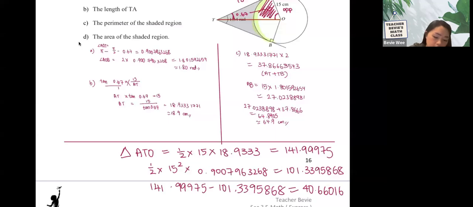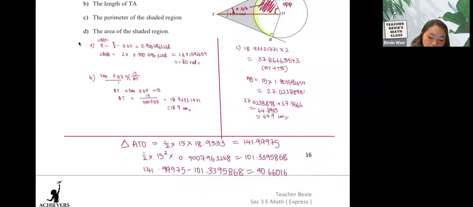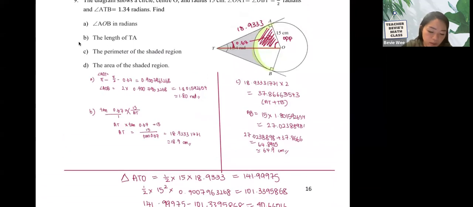Okay. Last but not least, help me find the total area of the shaded part. So this 40.66 is just this portion.